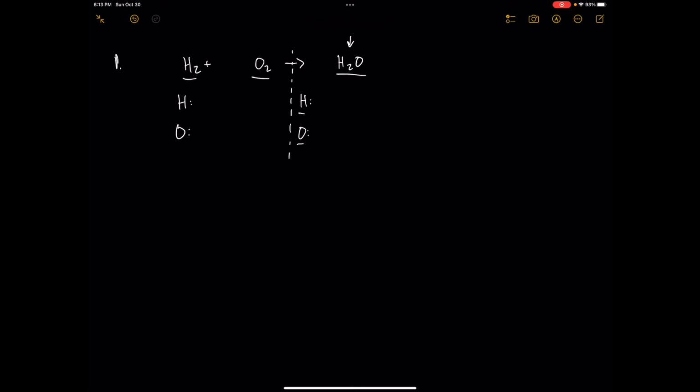Now, a big thing that a lot of students have trouble with is recognizing which of these are actual elements. You don't really have that issue here, but as we move on, you might say, which of these letters is an actual element? Remember that elemental symbols will always be 1 or 2 letters, and they must start with a capital letter. So if there are 2 letters together and they are both capital, they are both their own elements.